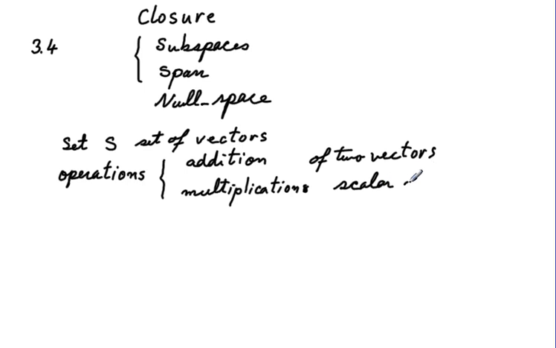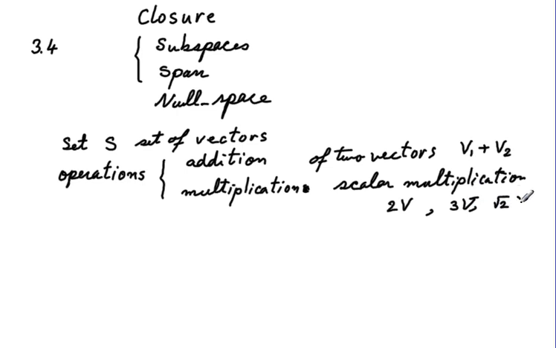What do we mean by scalar multiplication? Means taking a number and multiplying by a vector. So here addition meant like you have a vector v1 and another vector v2. That was what was meant by the addition. And the multiplication here, it means like you have some vector v, perhaps you are doubling it, perhaps you are tripling it, perhaps you are multiplying it by some number, say radical 2 v and such.